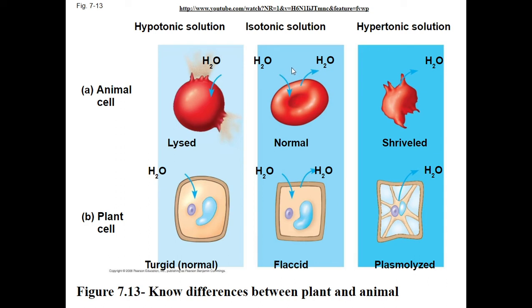The concentration is the same both inside and outside the cell. A hypertonic solution has a lot of stuff outside the cell compared to inside, and so we'll see water leave towards the outside of the cell to bring the concentration up inside and bring it down on the outside.